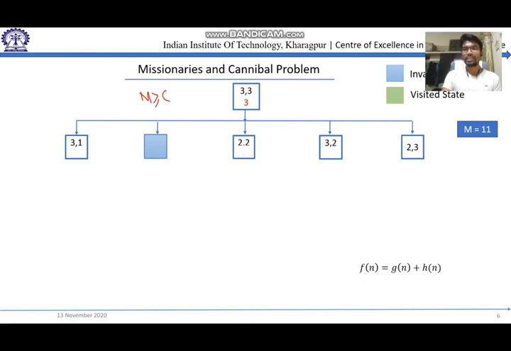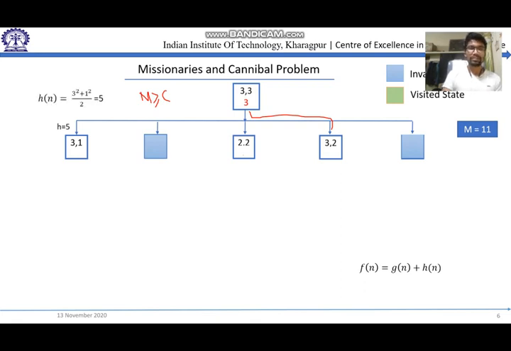Now the third possible node is 2 2. Then the fourth possible, after expanding this particular node and performing the fourth action, we will get a 3 2. And the fifth, after performing the fifth possible action, what it means is, if we move one missionary from the left to the right, then we'll get the state as 2 3.